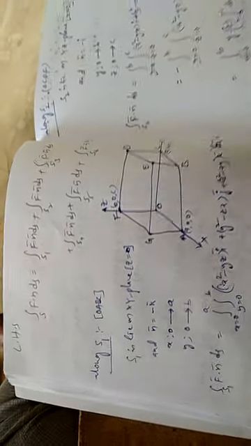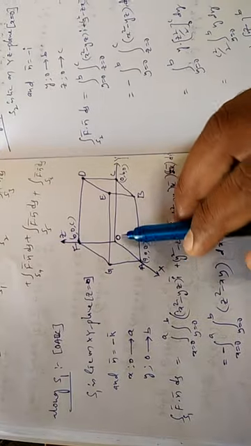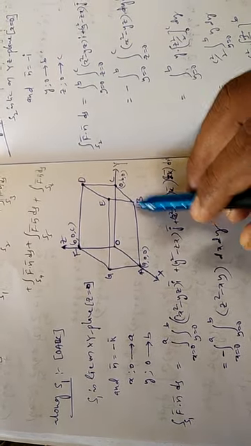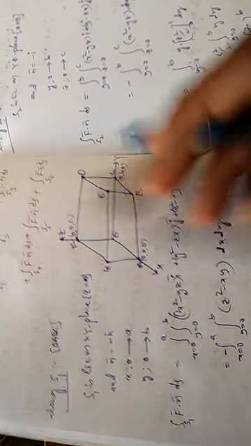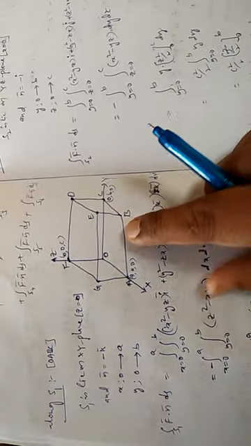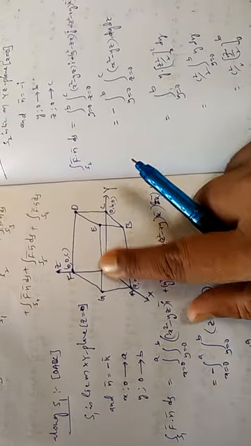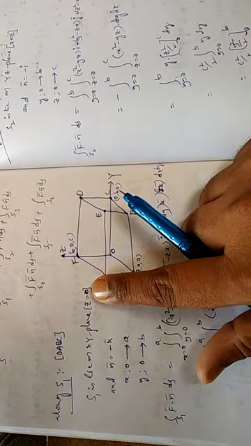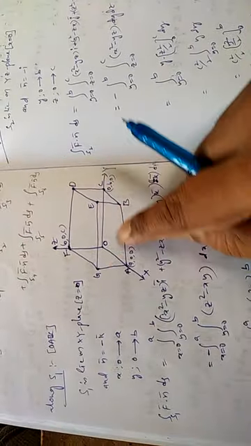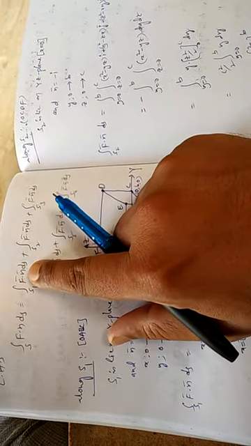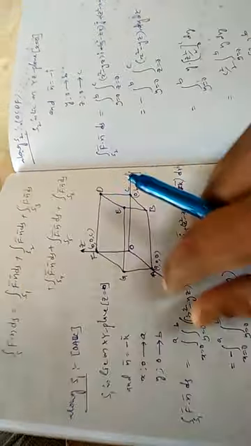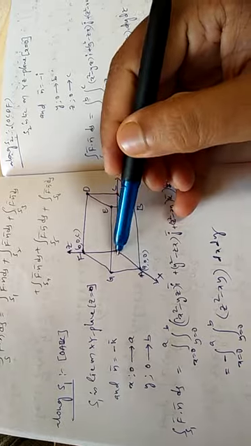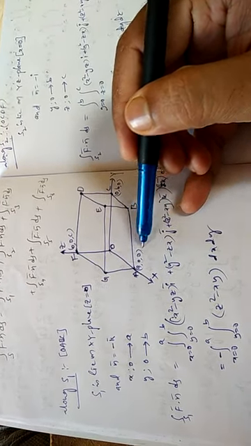Now along S1. S1 I considered O, A, B, C, the bottom of the box. That lies on the xy plane. In the xy plane z value is 0. For this surface, n is the unit outward normal, which is minus k.